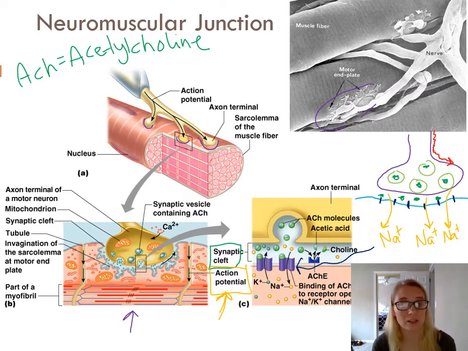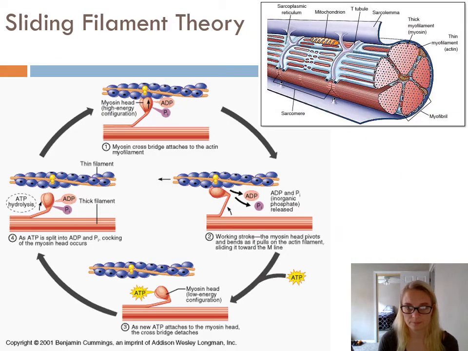Okay, so now let's take a look inside of the cell and see what happens when that calcium shows up. Okay. So here I have a picture up on the top of a muscle fiber. So here, again, I'll just highlight the things that we should be familiar with. Here's my sarcolemma. That's the plasma membrane.